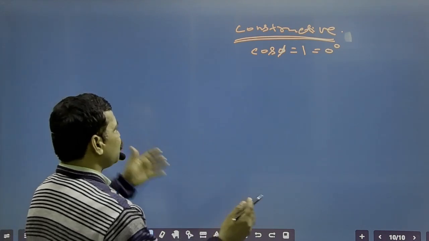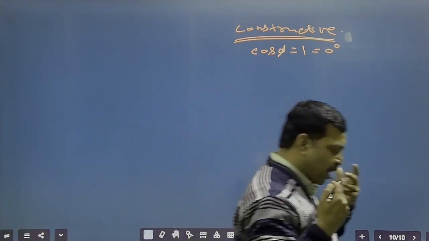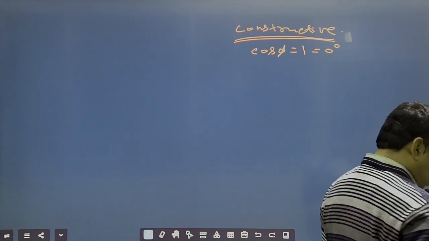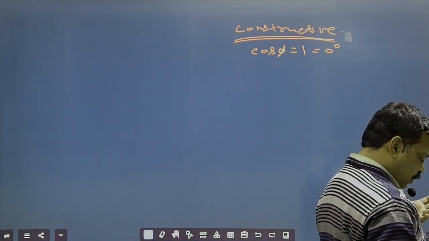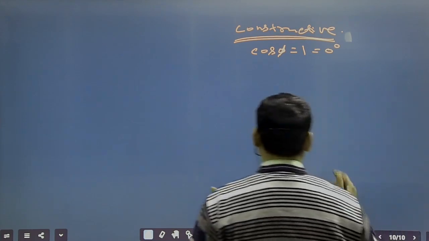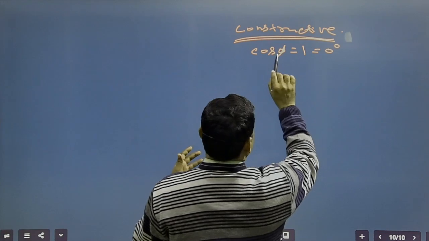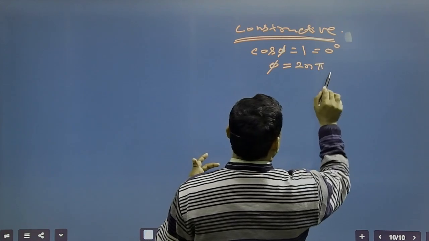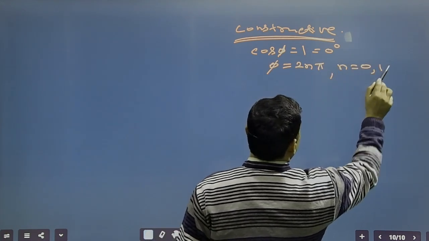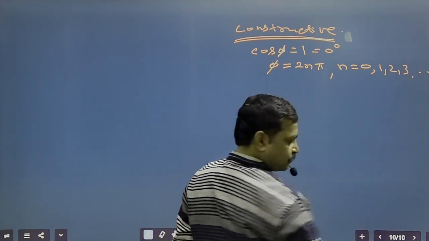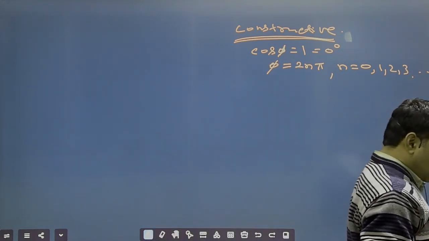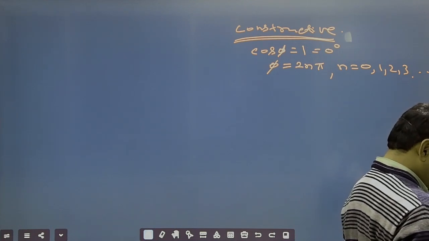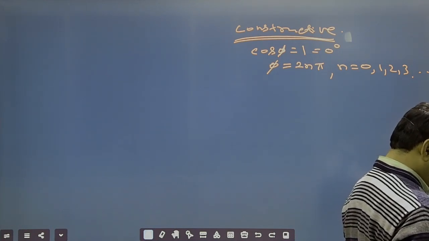The value of cos will be maximum when the angle is an even multiple of pi, so in general we can write phi equals 2n pi, where n is 0, 1, 2 and so on. In this way we can find the maxima and the conditions for constructive interference.